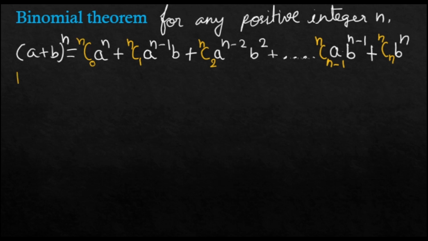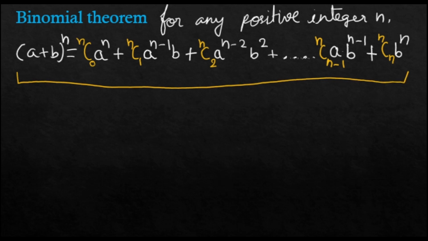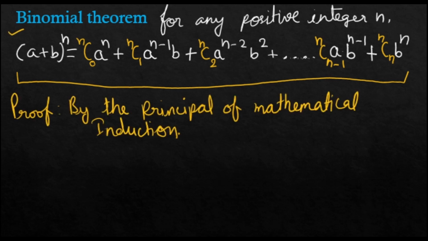Now we are going to prove this theorem with the help of the principle of mathematical induction. To prove the binomial theorem, we use the notation Pn to denote the mathematical statement.